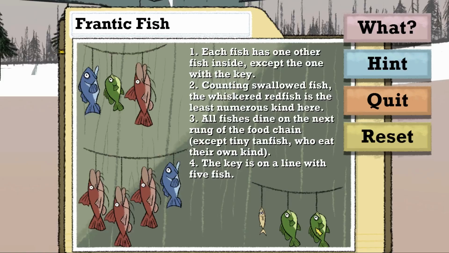So you would need 5 tan fish total. Okay.